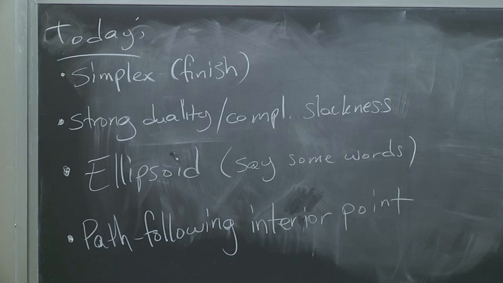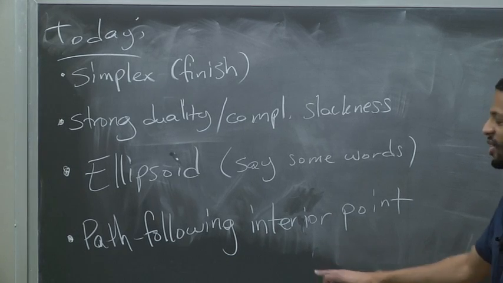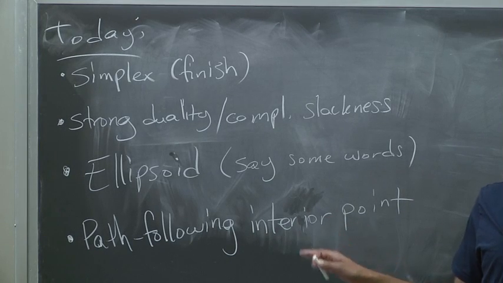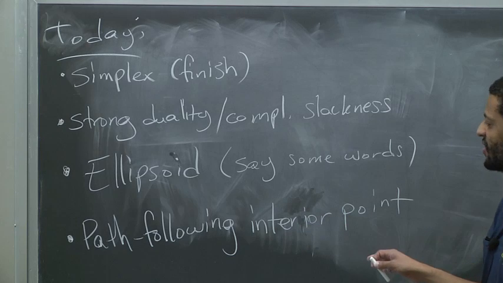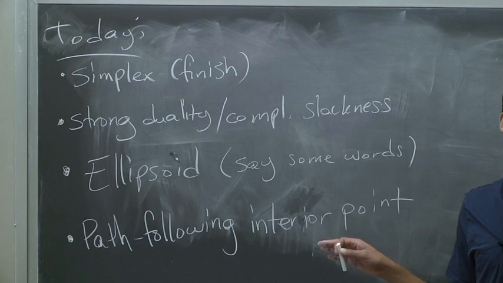I mean, it's already fast, and in practice, it's even faster than what people prove about it. Even with path following interior point, I won't cover every single detail because there are many details to cover all cases, but I'll tell you enough that you'll understand what's going on.